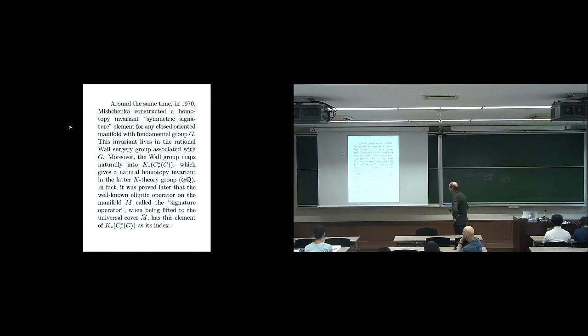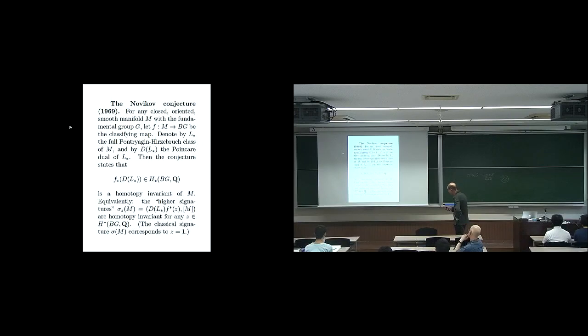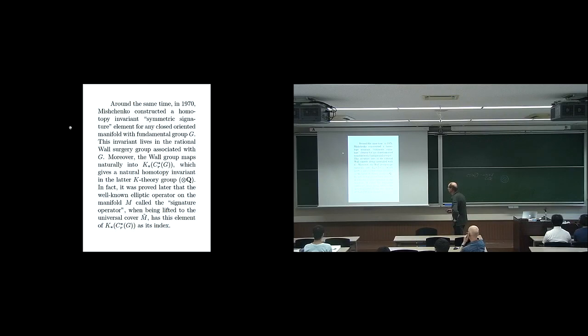This Wall group maps into this group, and it appears that if you consider this element here, when you map it into this group by the assembly map, you will get exactly this element which comes from the Mishchenko signature.